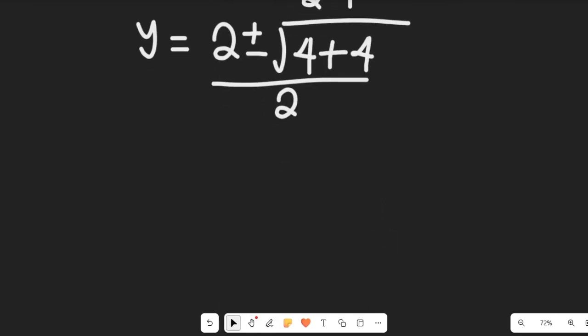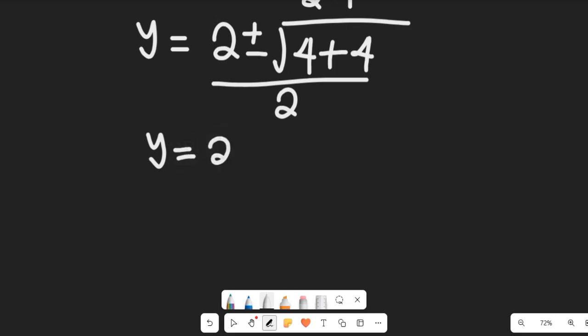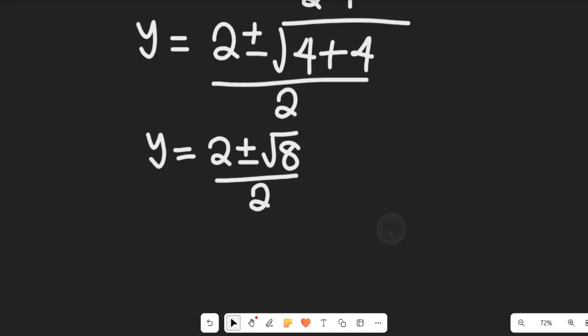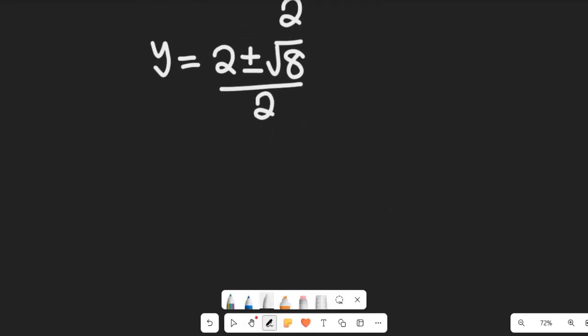In the next step, if we simplify, we're going to have our y to be equal to 2 plus or minus the square root of 8, divided by 2. Right? So this expression can be simplified further. If we simplify this further, we're going to have y equal to 2 plus or minus square root of 4, right? 4 can be multiplied by what?